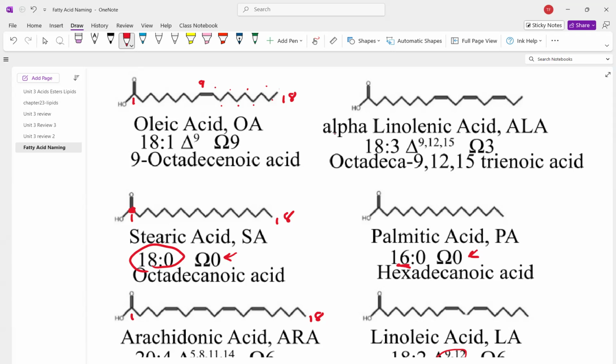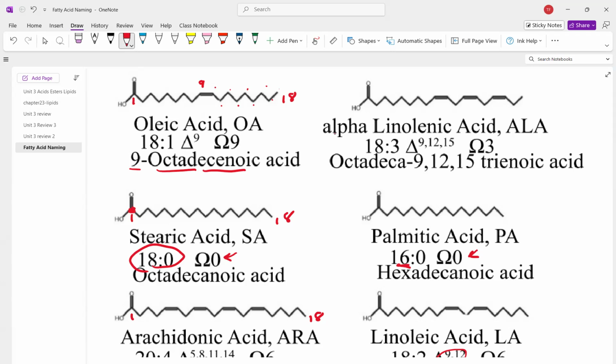Okay, to name it, octadecanoic, since it's got a double bond in it, at position number 9, acid. You might ask yourself, it could be one of 2 forms. It could be cis or trans.